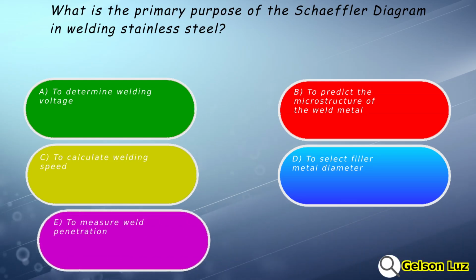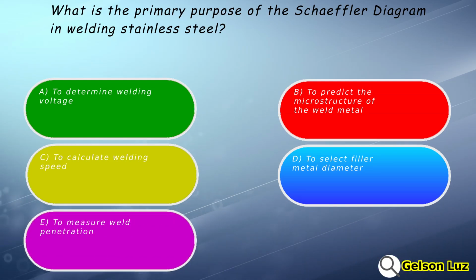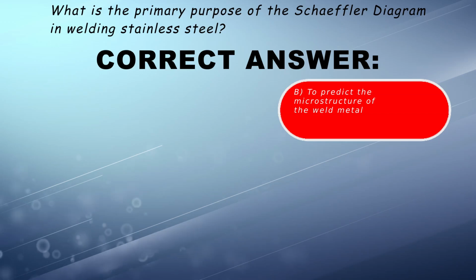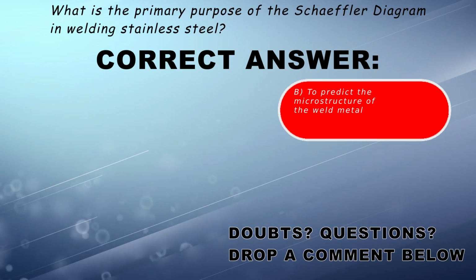E. To measure weld penetration. The correct answer is B. To predict the microstructure of the weld metal.